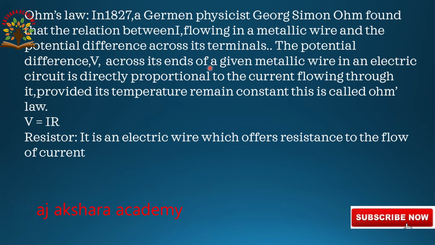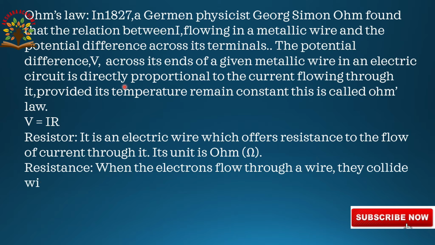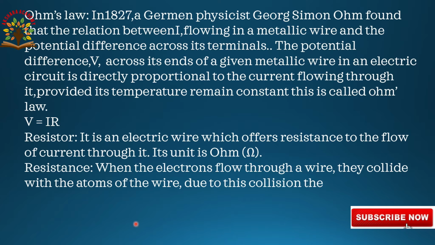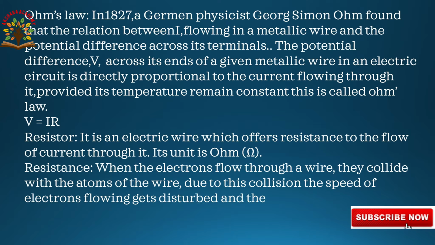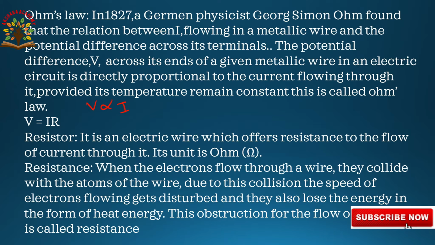That is, the potential difference across the ends of a given metallic wire is directly proportional to the current flowing through it. Mathematically, we write V is directly proportional to I. V represents the potential difference across the two ends of a given metallic wire, and I represents current.